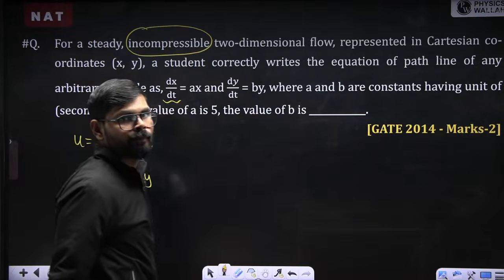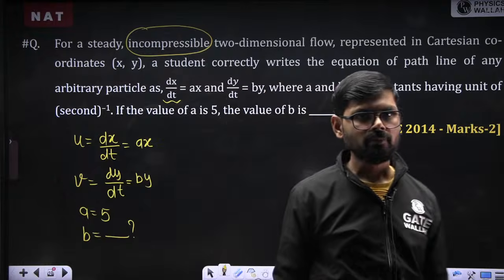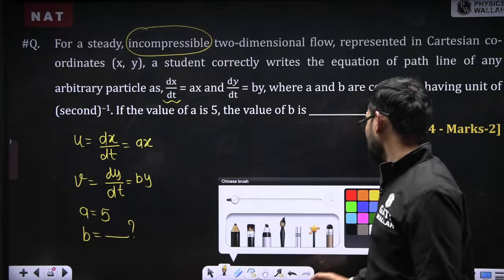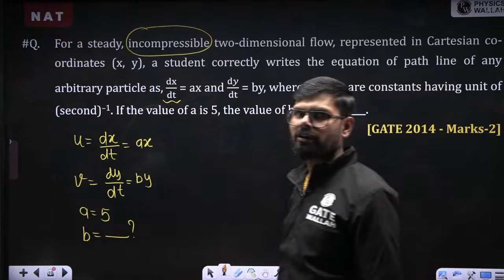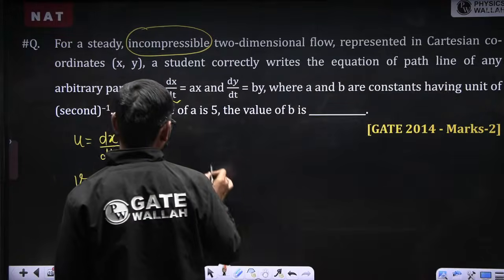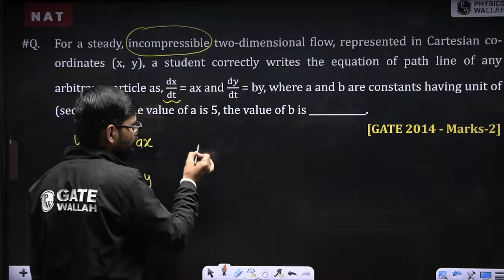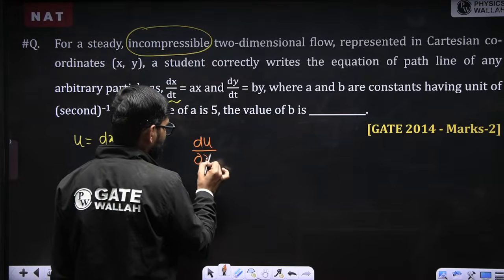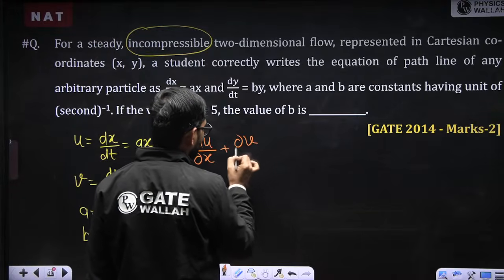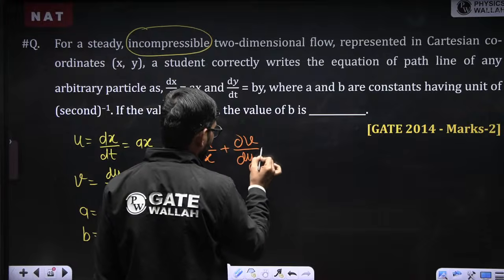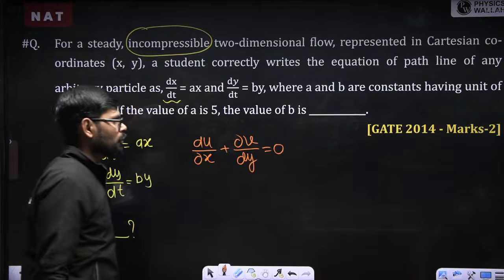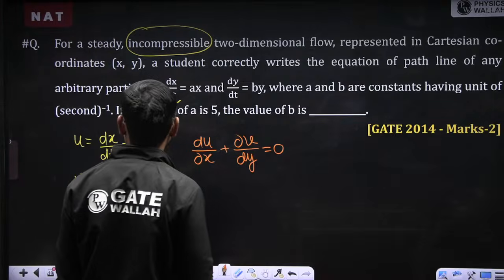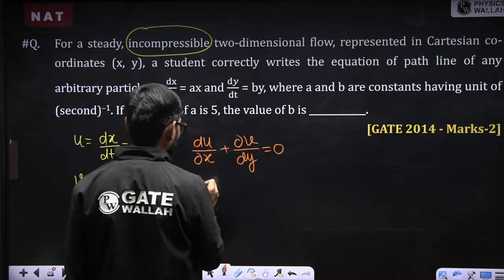For incompressible fluid flow, the continuity equation is dou u by dou x plus dou v by dou y is equal to 0. So dou u by dou x will come how much? a.